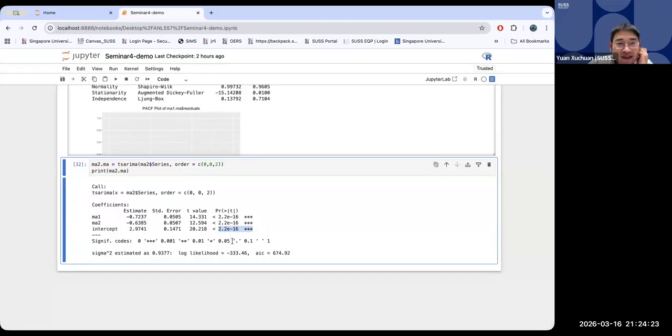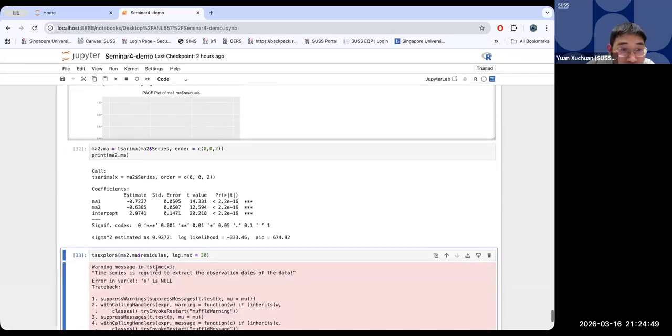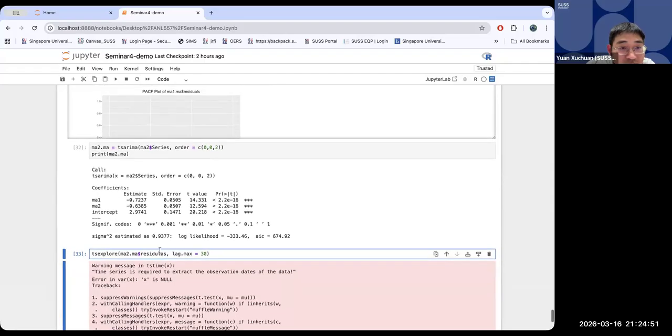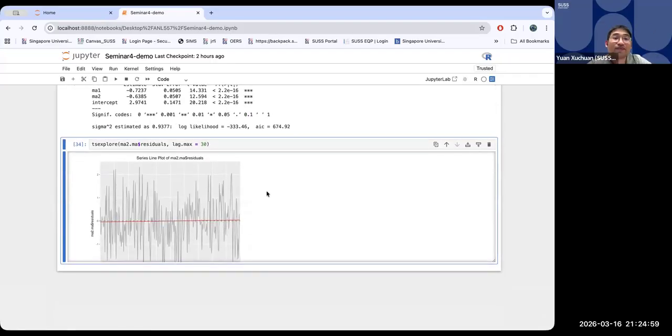And of course you can look at the residuals, okay? Using the ts explore function, looking at the residuals.